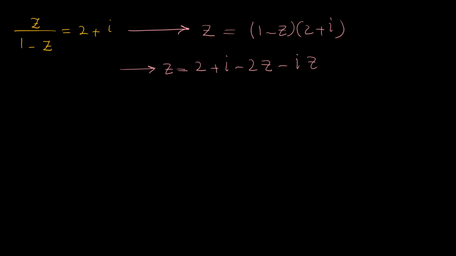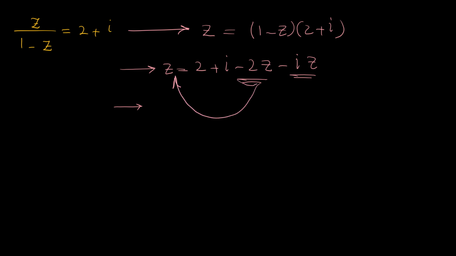Now we notice that we have z in the right side of the equation, we have z in the left side of the equation, so I decide to move the z's, all the unknowns, to one side of the equation to factor z, and then we can find z. So here we move this term and this term to the left.